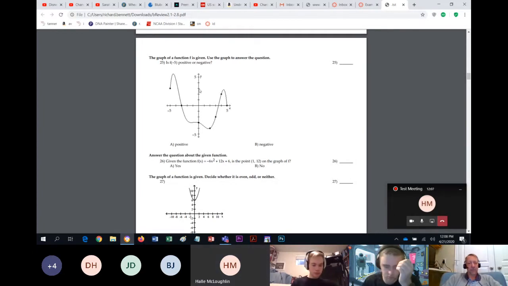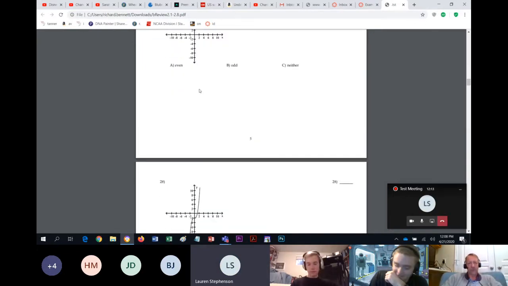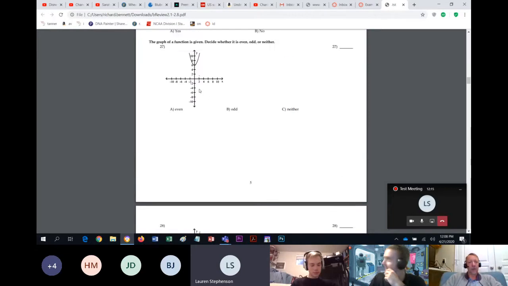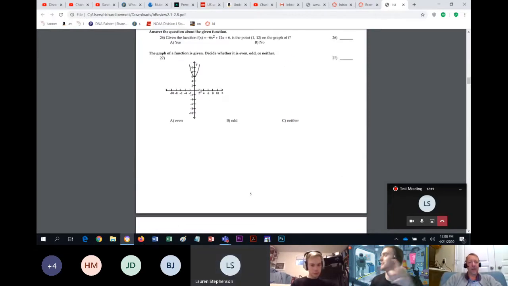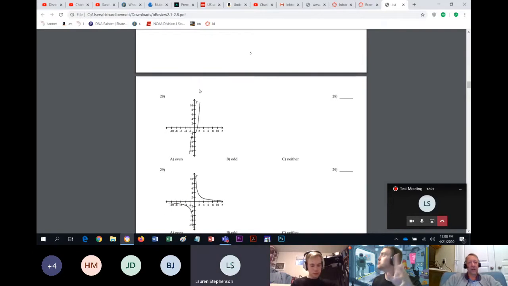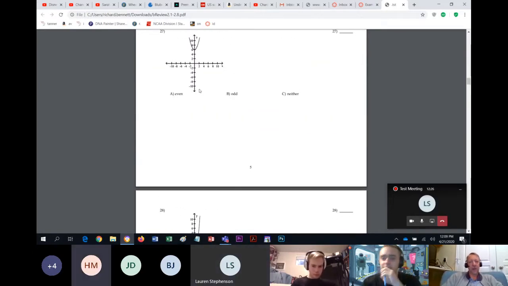Can we go over the questions about even versus odd? It's like 28 through 33. We don't need to do them all, just explain them. Okay, so the graph of a function is given, decide whether it's even, odd, or neither. So do you want to do 27?